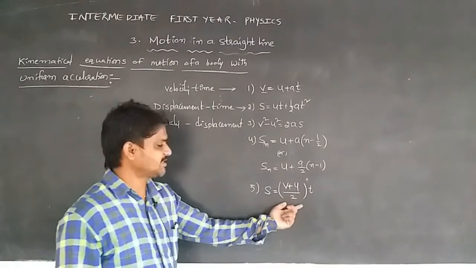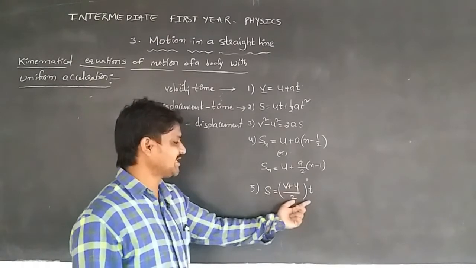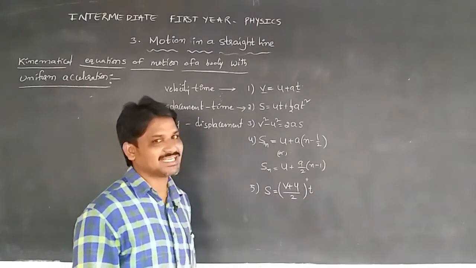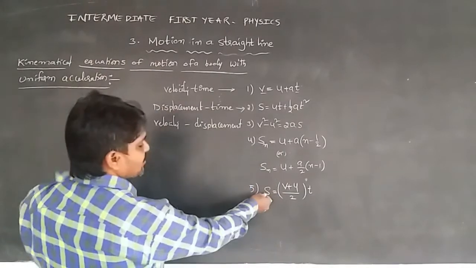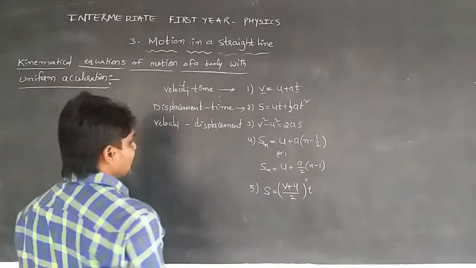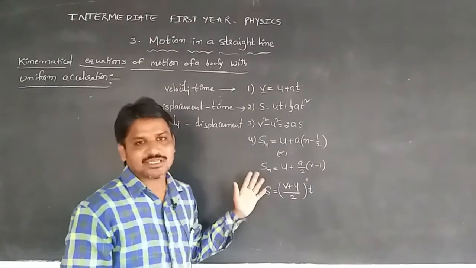This is the relation for the stopping distance, the relation between displacement and time, and we can find acceleration as well. By using this relation we can do the problems. These relations are called the kinematical equations of motion.